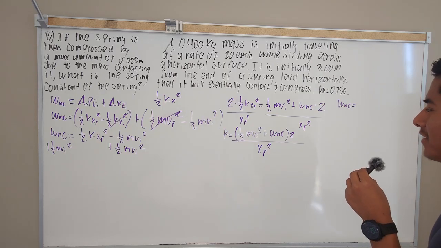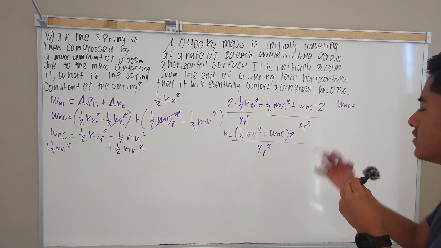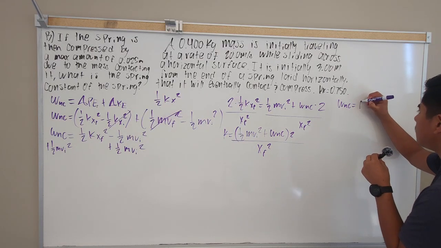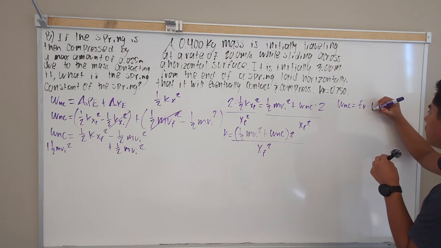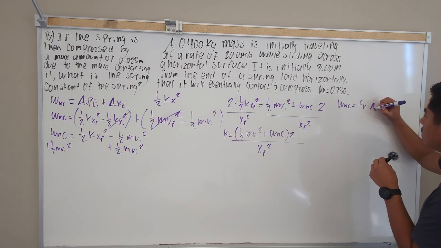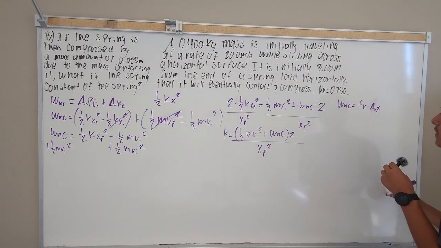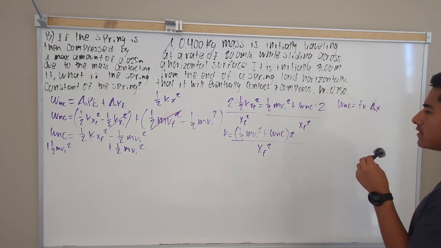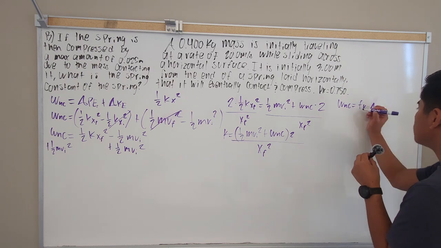So that's going to be friction. So it's just going to be the work done by friction. So the work done by friction is going to be Fk times the distance. I'll call it delta x. And again, since friction is acting against this system, it's going to be negative.